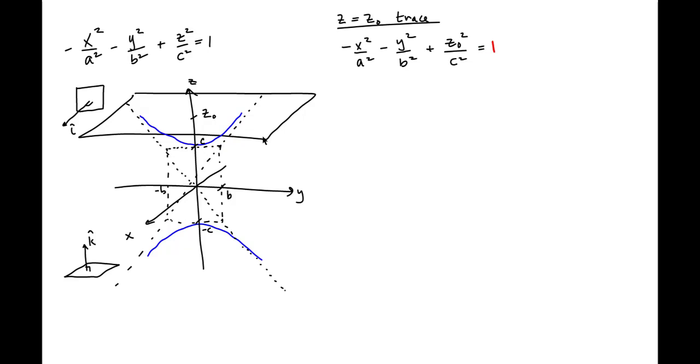Let's rearrange this equation. I'm going to rearrange it by multiplying everything by a minus 1. And let's move the z term to the other side of the equality, since we are treating this z equals z naught as a constant.